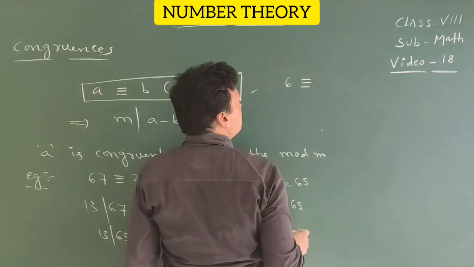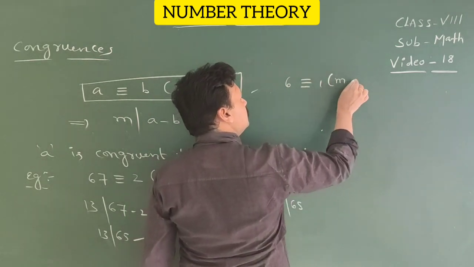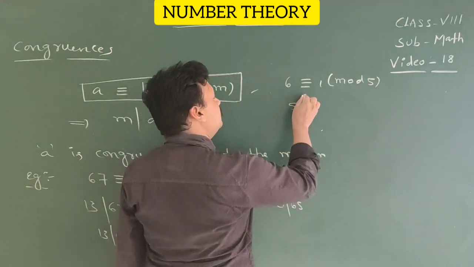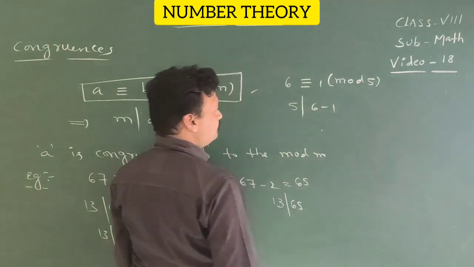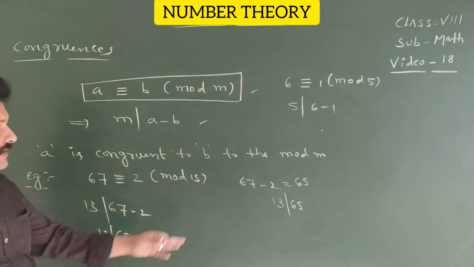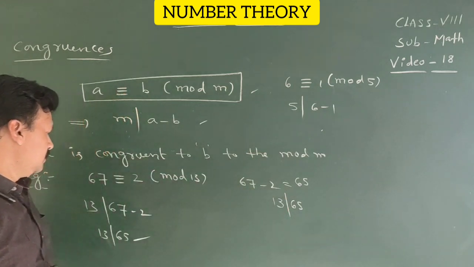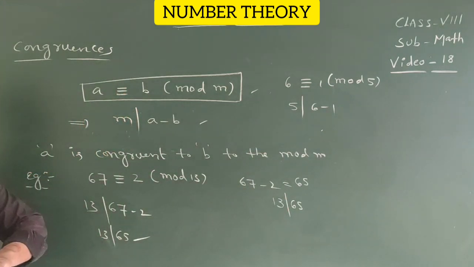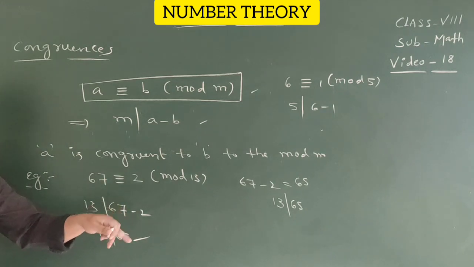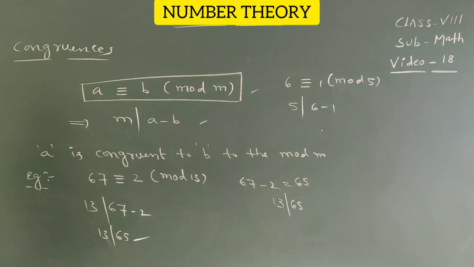6 is congruent to 1 mod 5. That means 5 divides 6 minus 1, because 5 is a factor of 5. A divides B means A is a factor while B is a multiple. B divides A means B is a factor, A is a multiple.